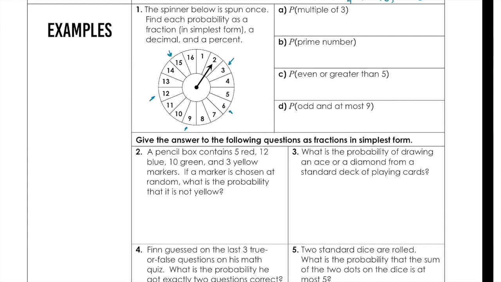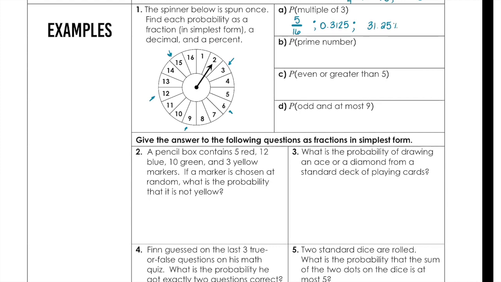So the total number of possibilities, what we want to happen if we were to flick this spinner, there are 5 favorable outcomes. And then out of those 5, we want the total number to go on the bottom, which would be 16. And if we were expressing this as a decimal, we got 0.3125. And if we want a percentage, we got 31.25%.